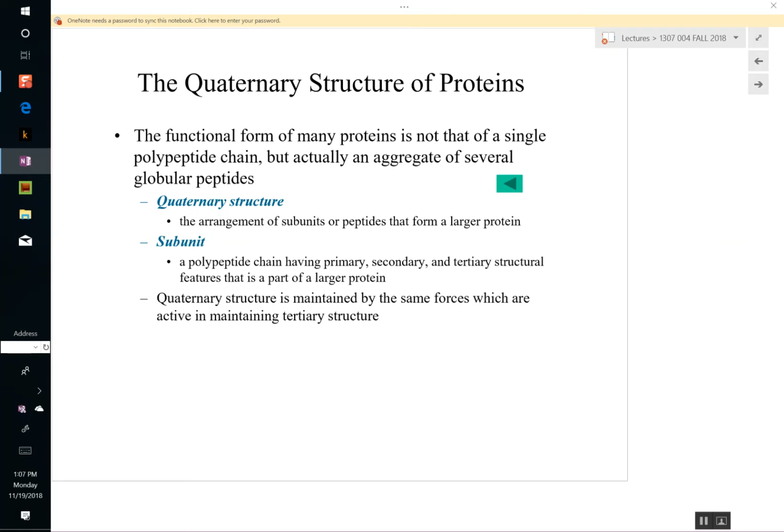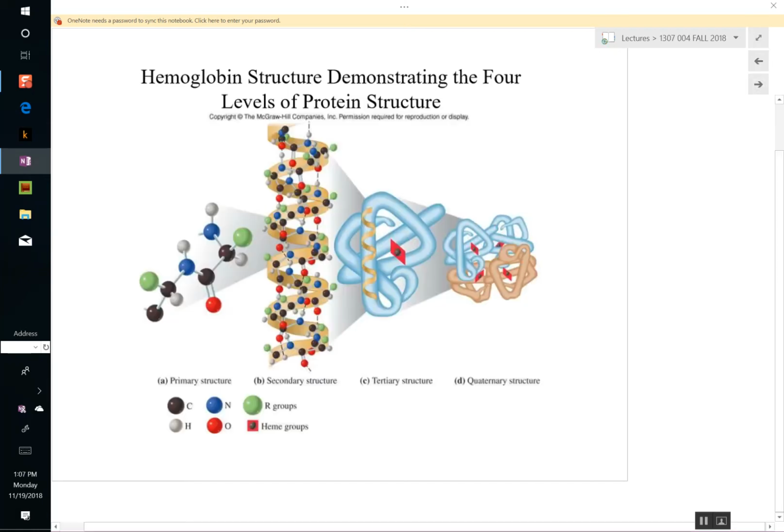We're going to deal with insulin, and everything we do with insulin is going to be at the primary, secondary, tertiary level. So if you had a bunch of amino acids in a certain order, that's your primary structure. If it got into an alpha helix, now you're starting to talk about secondary.